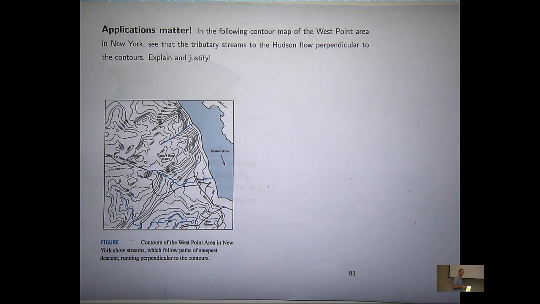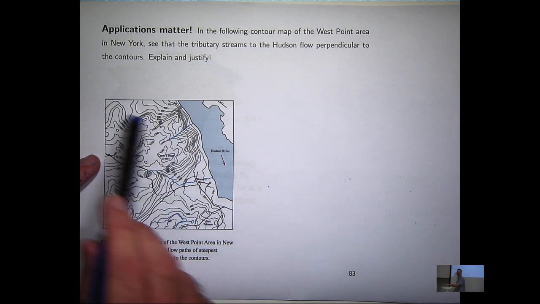But this is a good slide because it shows you some of the applications. We've got a contour map of the West Point area in New York. You can see the Hudson River flowing down, and there's a little blue stream in here, I hope you can see it, that's flowing down into the Hudson.